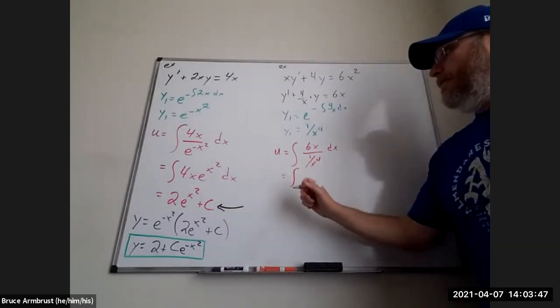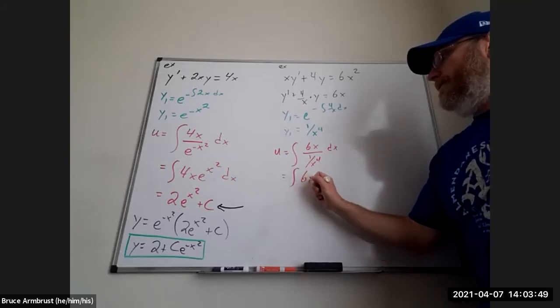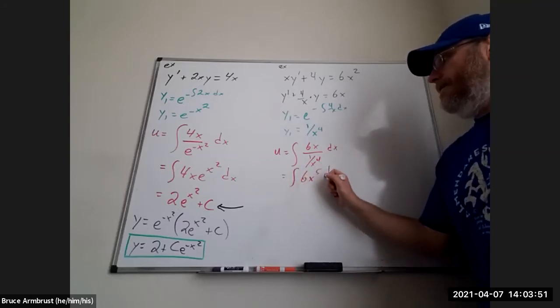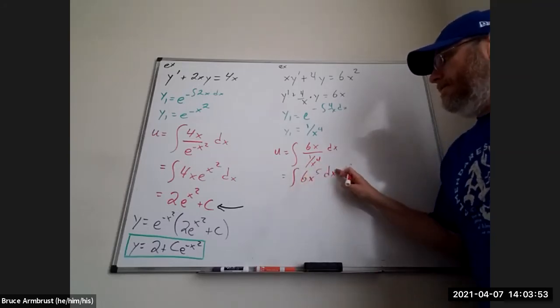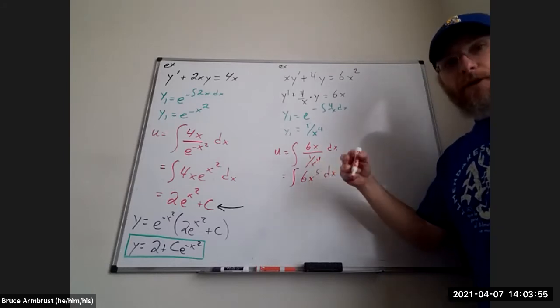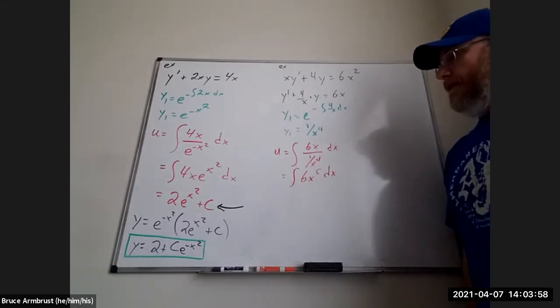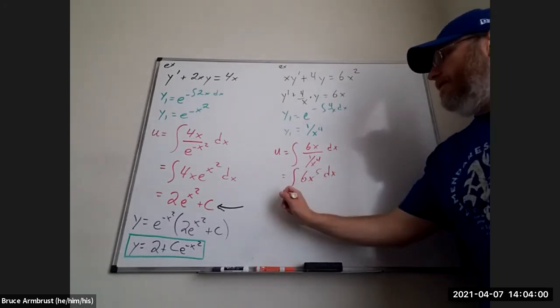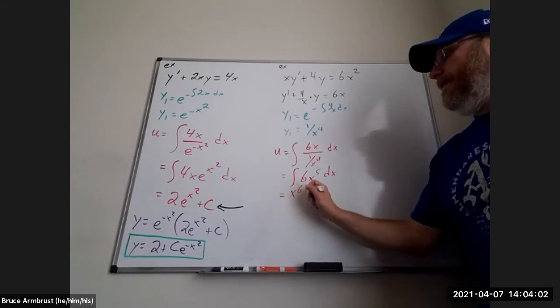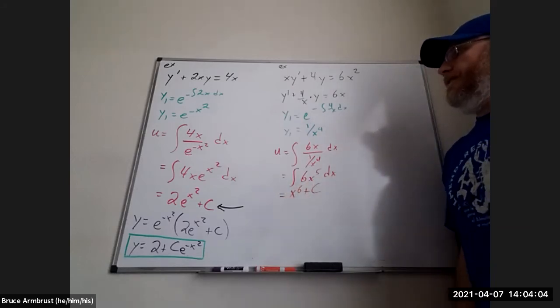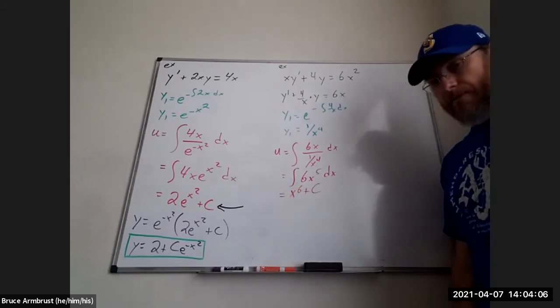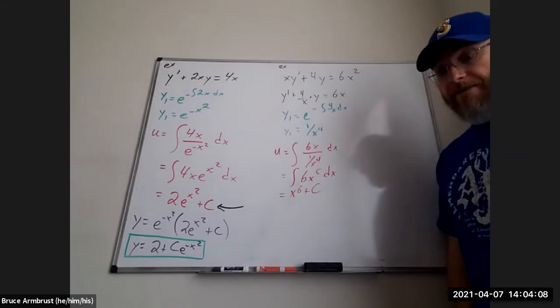So that's the integral of 6x to the 5th. If you just flip that over and multiply, that's the integral of 6x to the 5th, which is x to the 6th plus c. So there's our integrating factor.